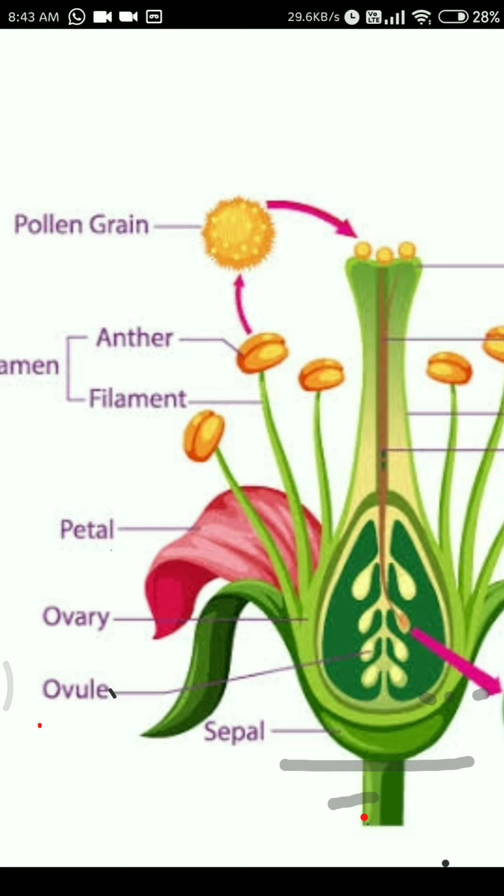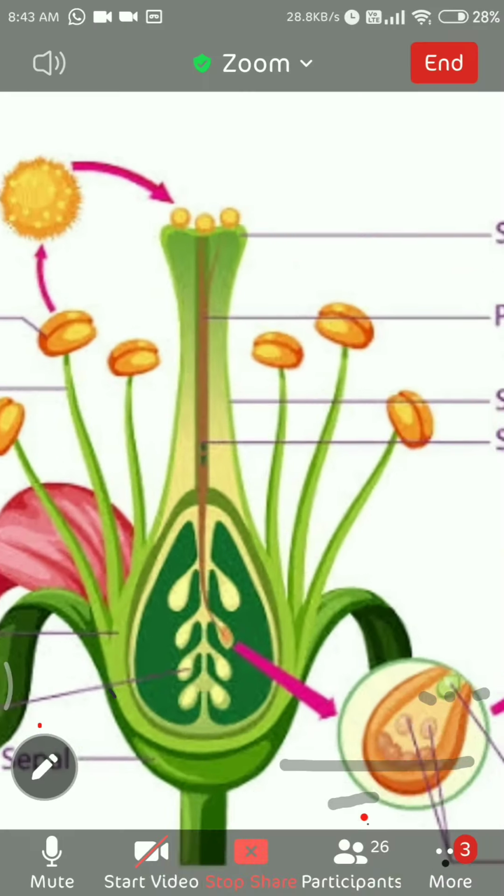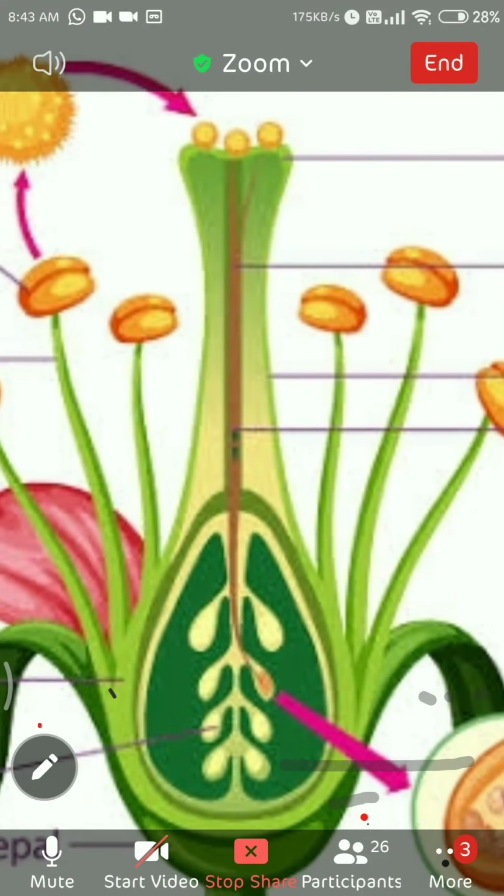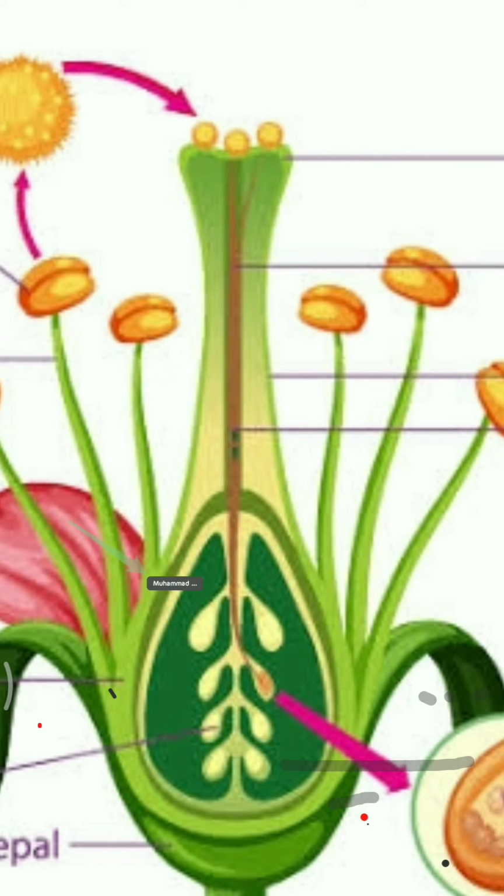So the outermost wall is the calyx, inner to it is the corolla and then the androecium, and the innermost you can see this one part. Each pollen grain has two male nuclei.